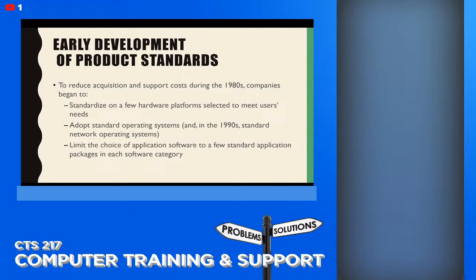So you limit the applications that can be used. You put regulations on that, not only for security purposes, but also to minimize the amount of training and support that you have to do on different software packages.